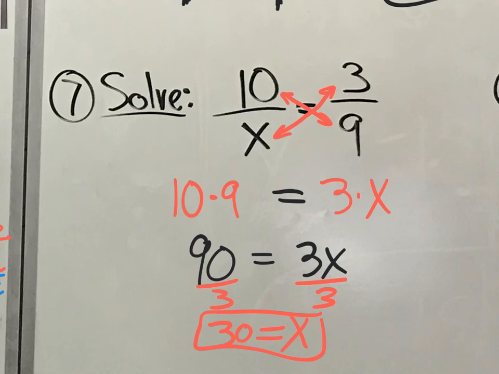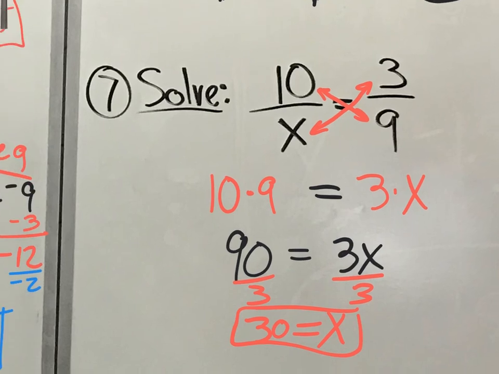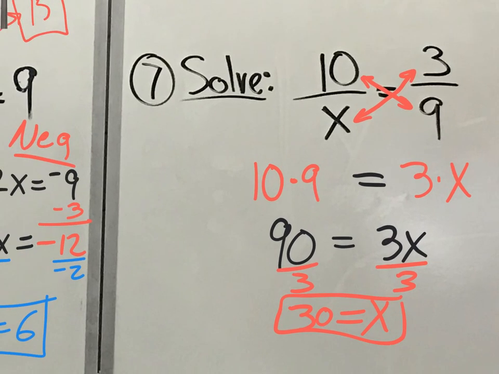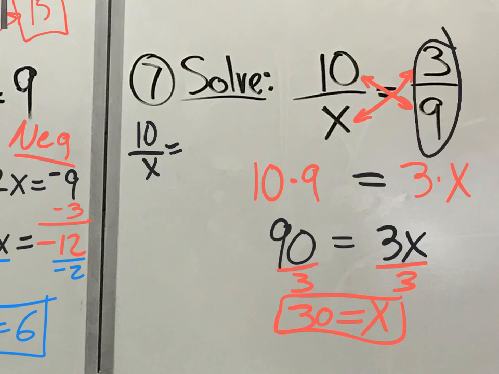Let me show you one alternate thing that you could do that you should do, all right? Now, what do I mean by that? Anytime you have a fraction, if you could reduce it, it'll make it nicer. So if you wanted to, let me do this right here. I'm going to rewrite this as 10 over x equals, but instead of 3 over 9, what is 3 over 9 reduced to? 1/3.